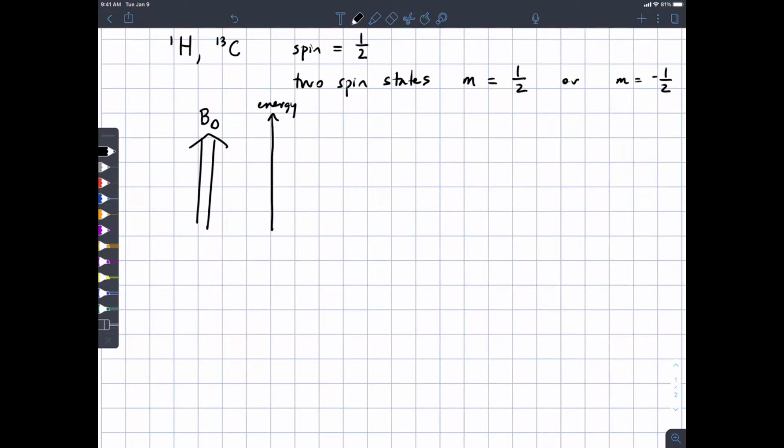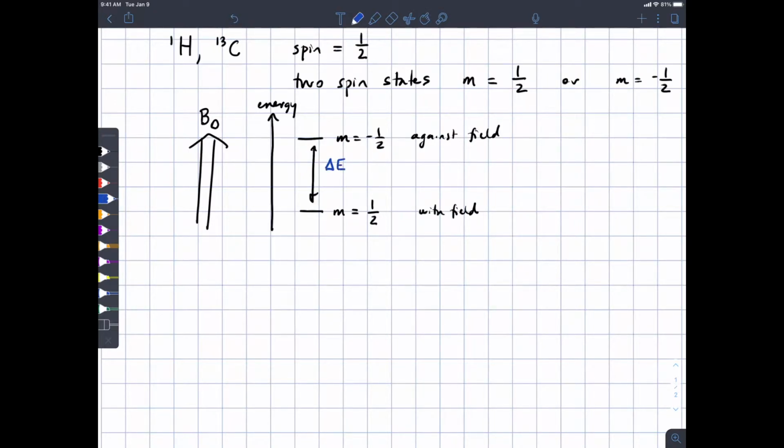So now being lined up with the field, the M equals 1/2 state, is lower in energy than being aligned against the field. And that energy difference here is something we can measure and exploit.